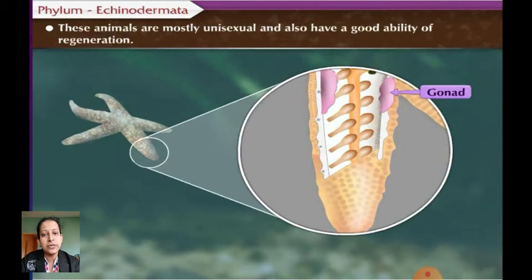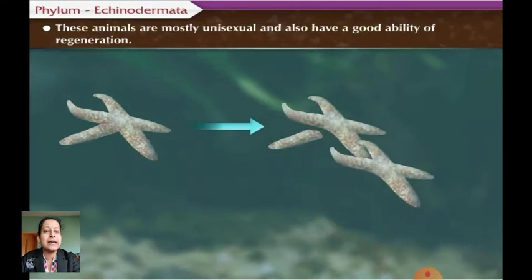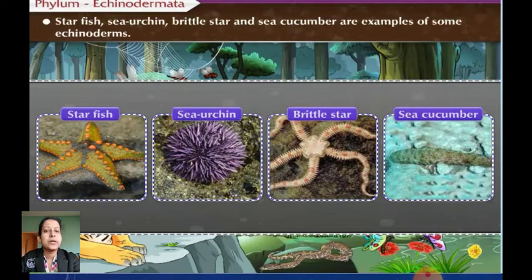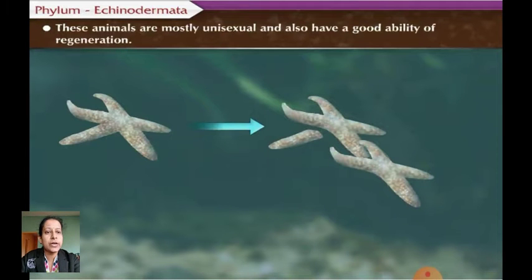So not only sexual reproduction, they even have an asexual type of reproduction, and that is regeneration. You can see how regeneration takes place. That means if any one part gets detached, the same starfish will be able to generate that same part.